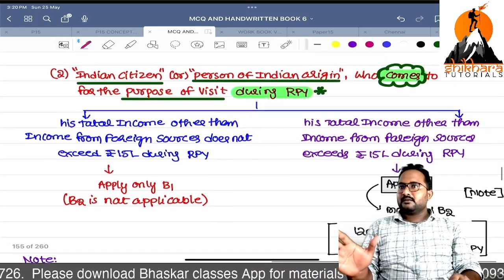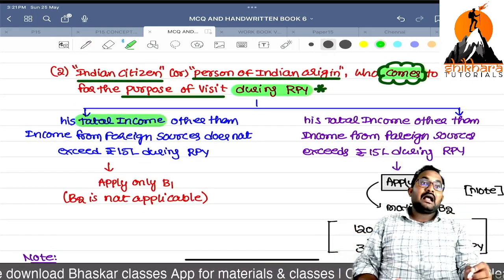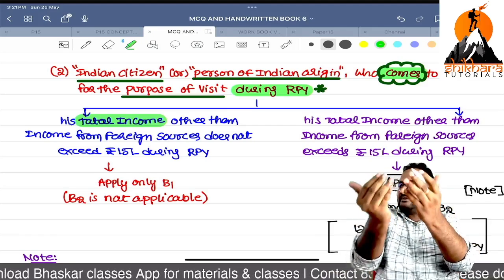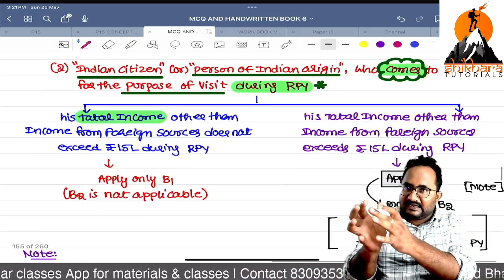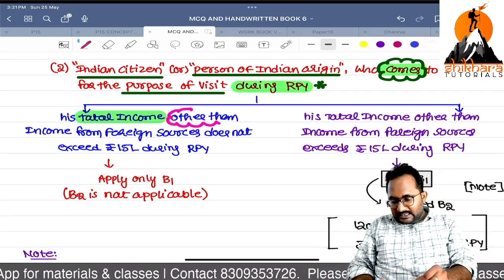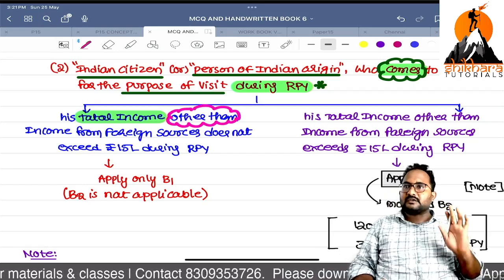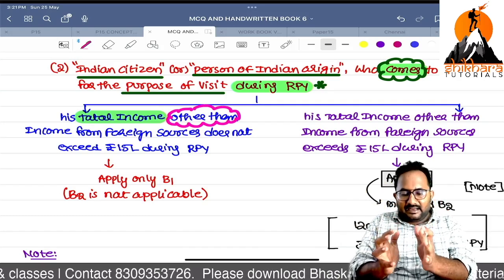Now, on this occasion, we have to check that person's total income other than income from foreign sources. That means we are verifying purely what? Indian-source total income. Other than income from foreign sources means we are calculating the total income from Indian sources.